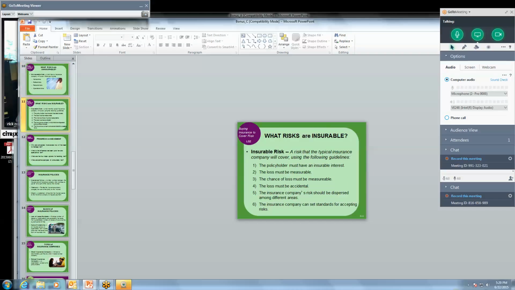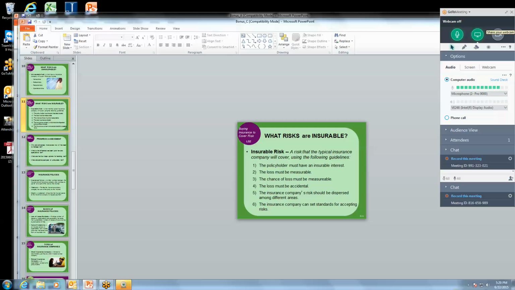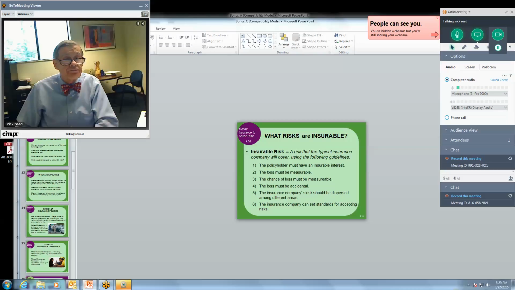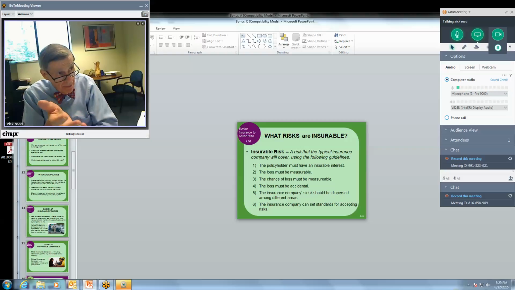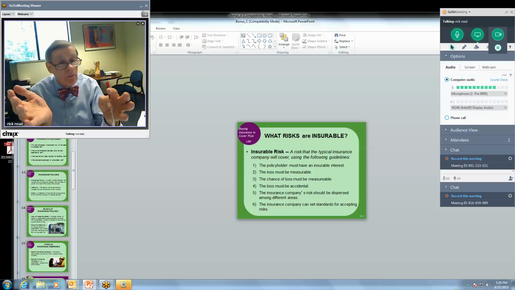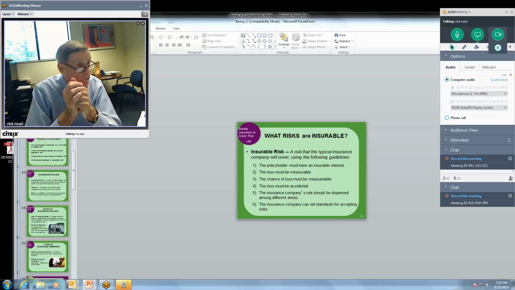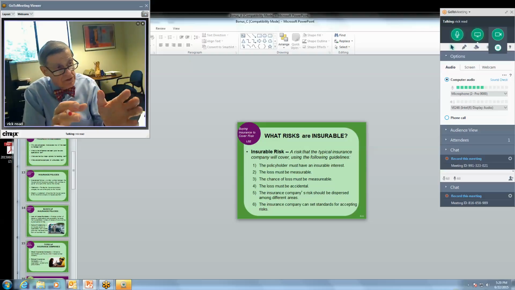These are some risks that are insurable. We're going to talk here about some of these that are very important to think about. First of all, the person who wants to take out the insurance must have something that's insurable. Whatever he or she loses must be able to be measured. Now, I want to stop here and say the measurement may not be quite what you want it to be.